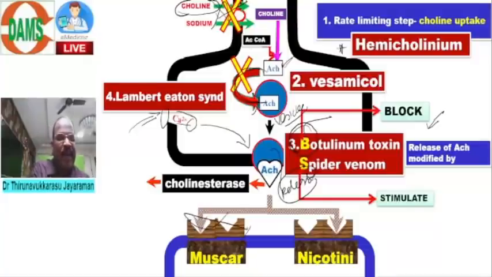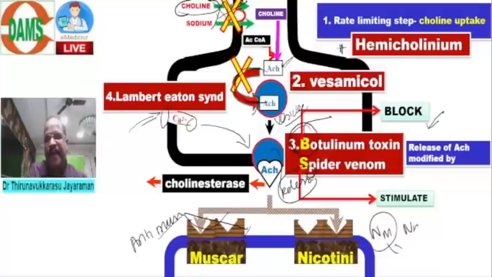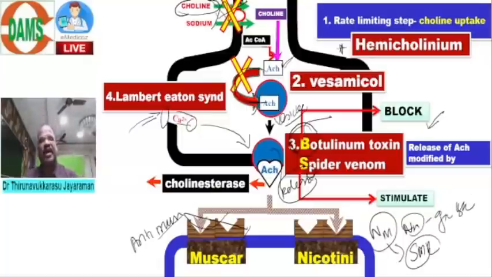Muscarinic can be blocked by anti-muscarinics like atropine. Nicotinic has NM and NN. NM is blocked by skeletal muscle relaxants. NN by ganglionic blockers like hexamethonium, trimethaphan. Anyway, in your question, botulinum toxin's mechanism of action is inhibiting release of acetylcholine.